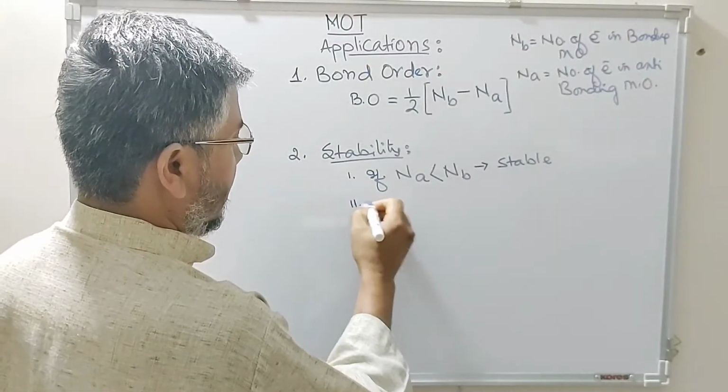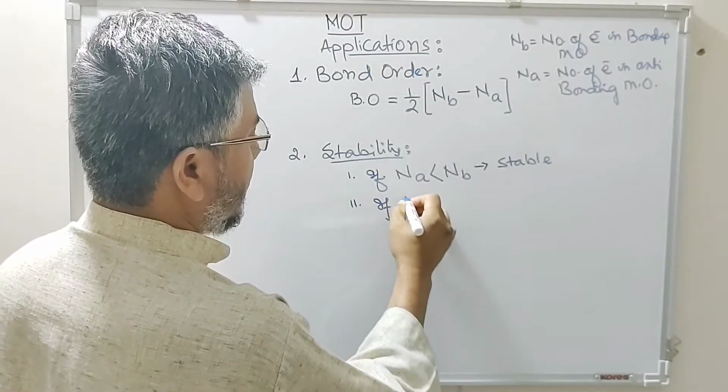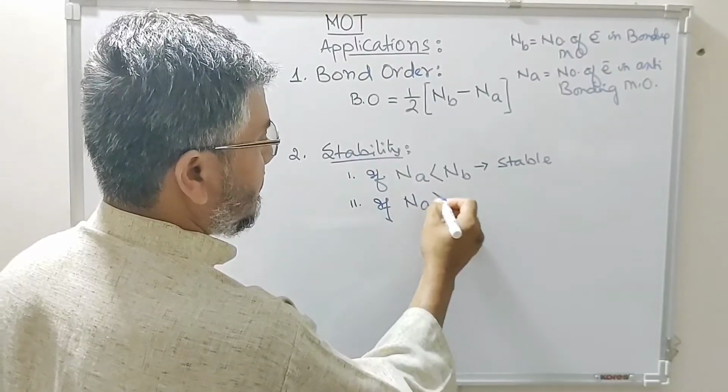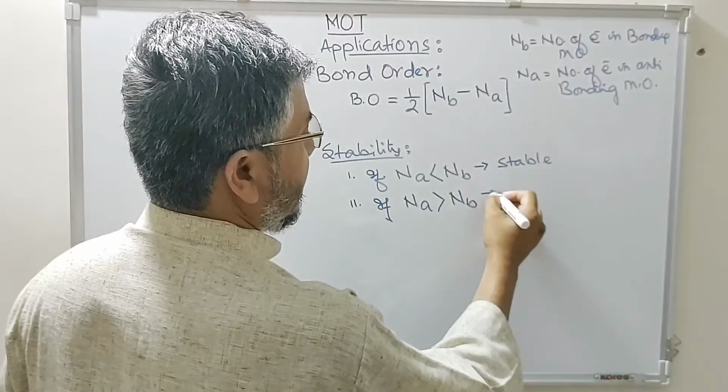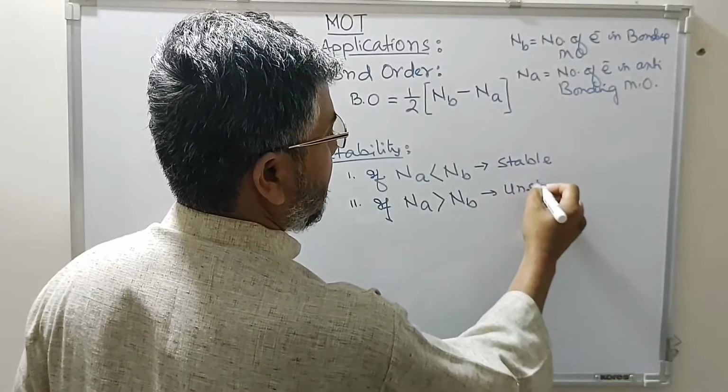If the number of electrons in anti-bonding is greater than the number of electrons in bonding, then it becomes unstable.